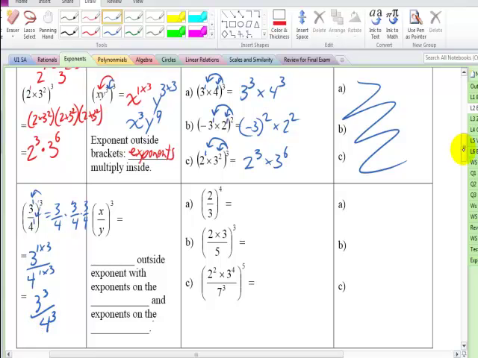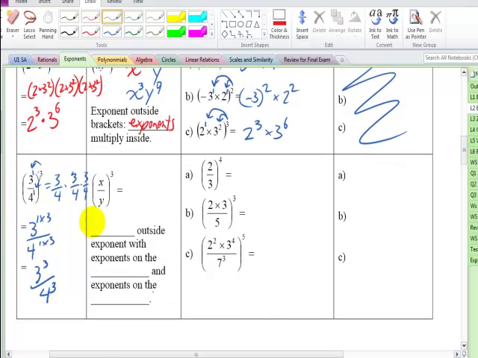So you want to multiply the outside exponent with the exponents on the top and on the bottom, the numerator and denominator. So we have on the x 1 times a 3, and on the y 1 times a 3. x cubed, y cubed.